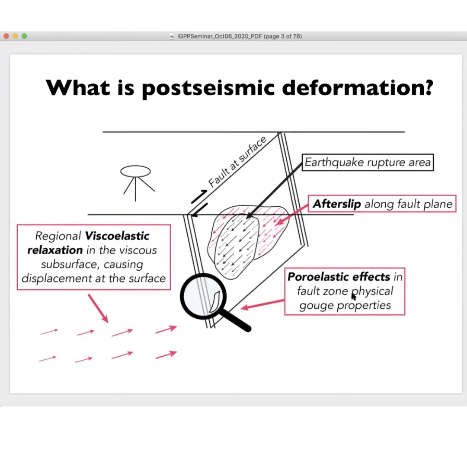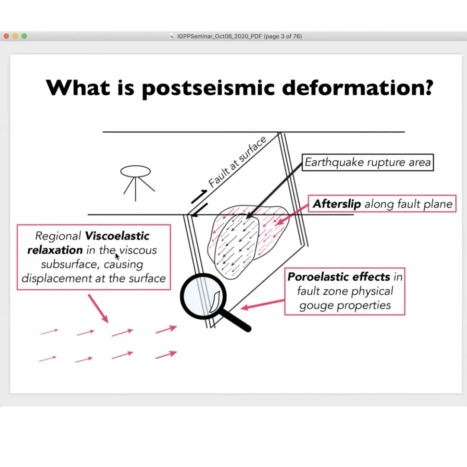Then we have poroelastic effects that can occur in the fault zone itself, but also around the faulting area. And last but not least, we have this broader scale process called viscoelastic relaxation, where the viscous material in the lower crust and upper mantle can flow in response to the stresses introduced by the earthquake. And that flow at depth can actually be measured as surface displacement.